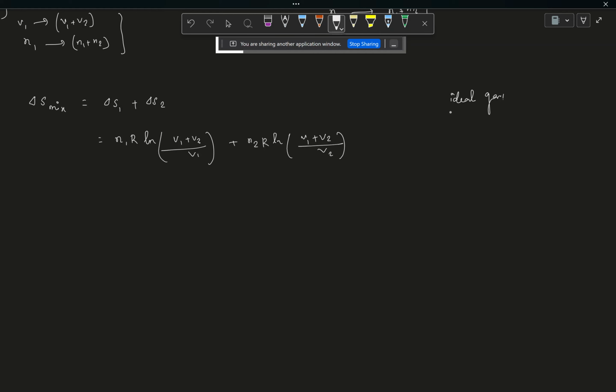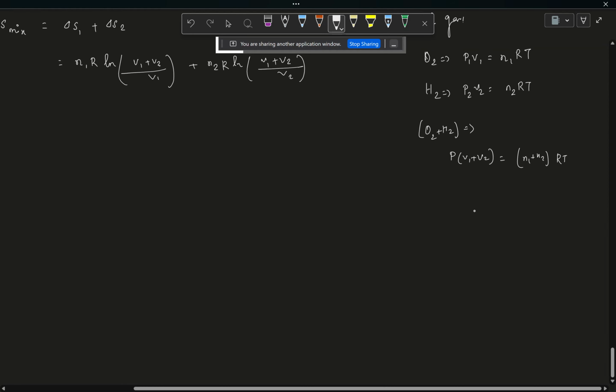So by using the ideal gas relation, for oxygen gas you get P1 V1 equal to N1 RT, and for hydrogen gas, P2 V2 is equal to N2 RT, and for the mixture of oxygen and hydrogen, which is again an ideal gas, P times (V1 plus V2) equal to (N1 plus N2) RT.